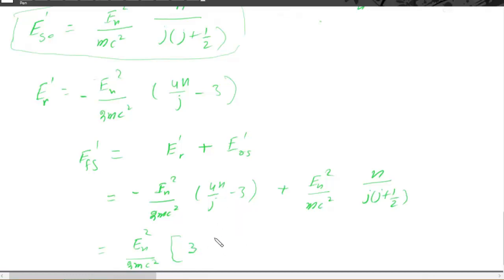Okay, and minus 4n divided by j, we take this common, and then plus we take this common, and also here we can divide and multiply by 2. Now here the 2 remains: 2n divided by j and j plus 1 over half. Okay, then we can write these equations here.